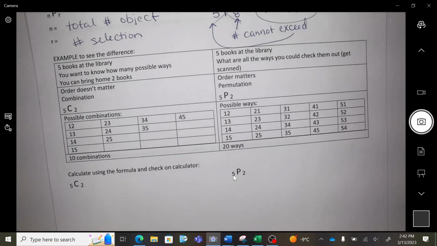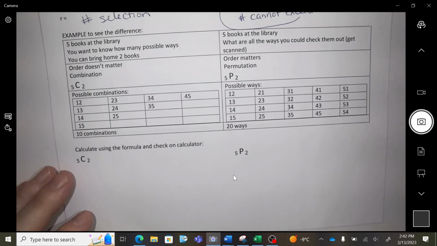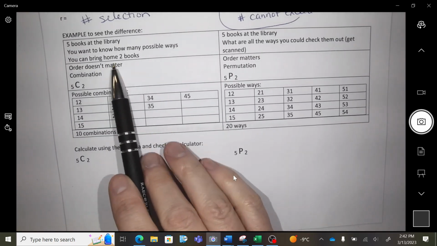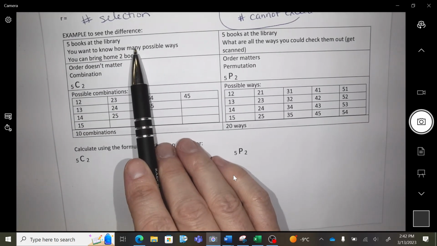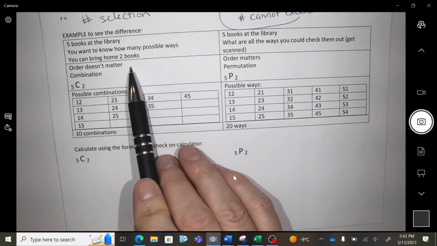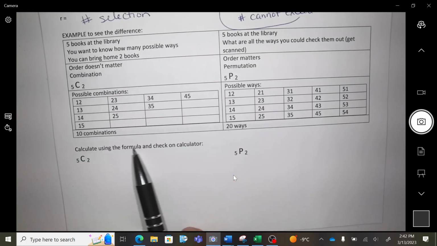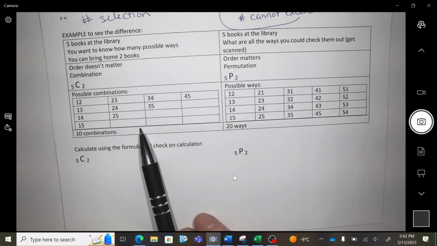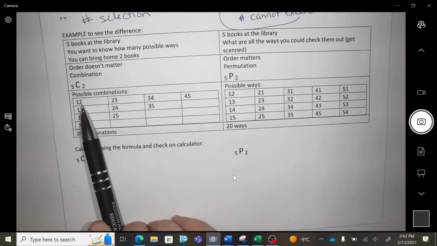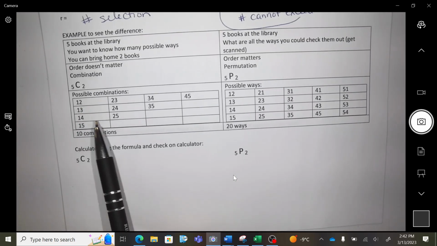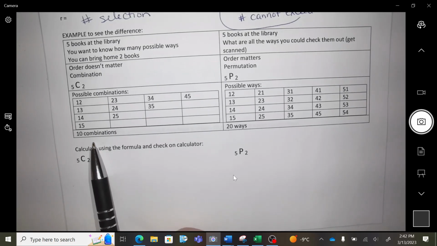So here's me kind of mapping something out. When you went to the library, there were 5 books and you could pick 2 of them to take home. So you can see all the combinations of books. I could have picked the first and second book. I could have picked the first and third. There ended up being 10.